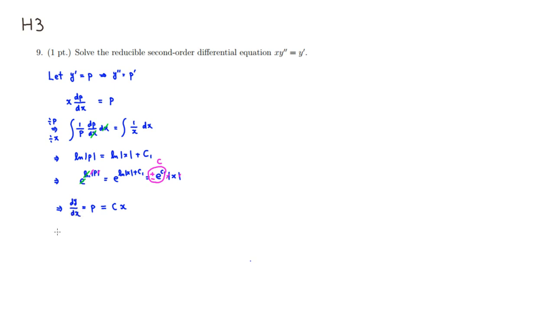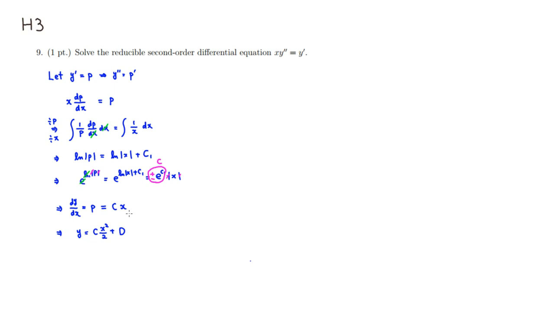So what we can do is take the antiderivative of both sides, so you get y equal to c times the antiderivative of x, which is x squared over 2, plus some constant d. So d is a constant.